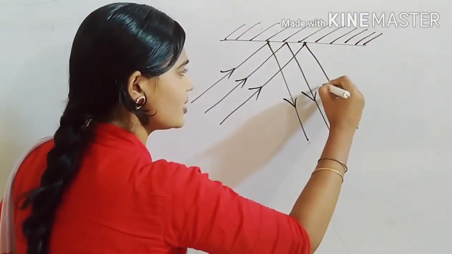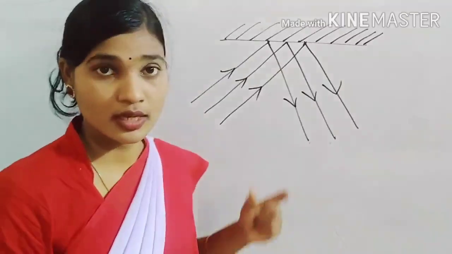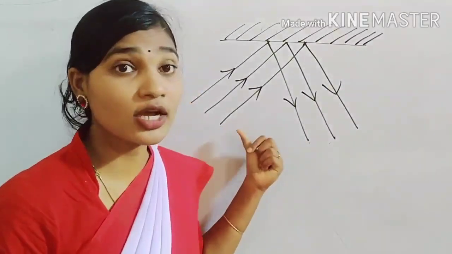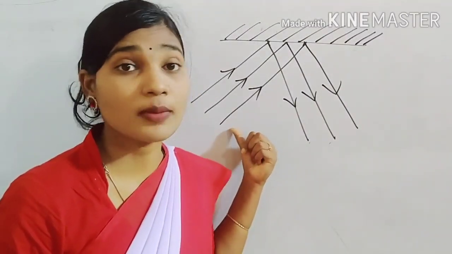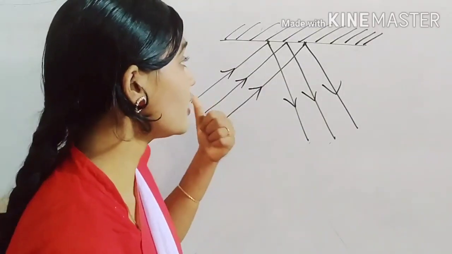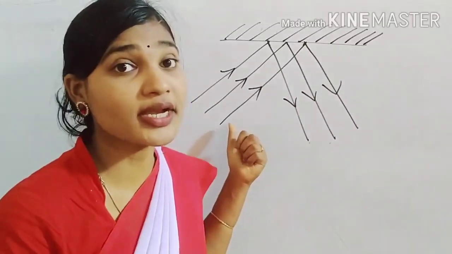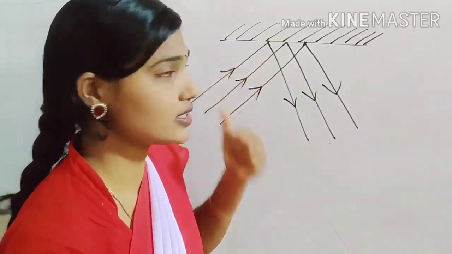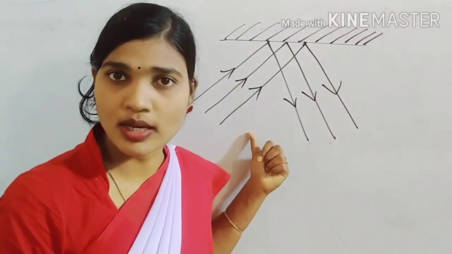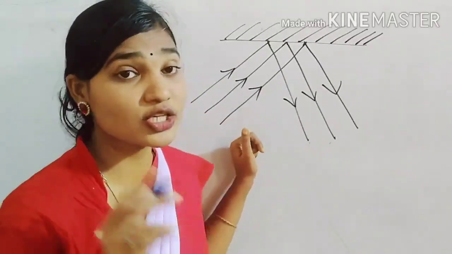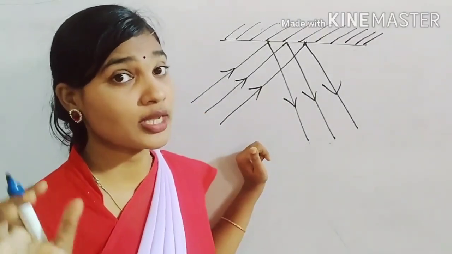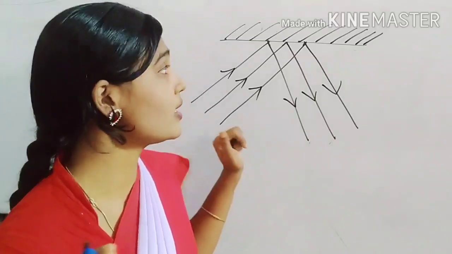This is known as regular reflection, and it gives a clear and sharp image. If the question asks which type of reflection gives a clear and sharp image, this is the regular reflection. Reflection of light from a smooth mirror is a regular reflection.